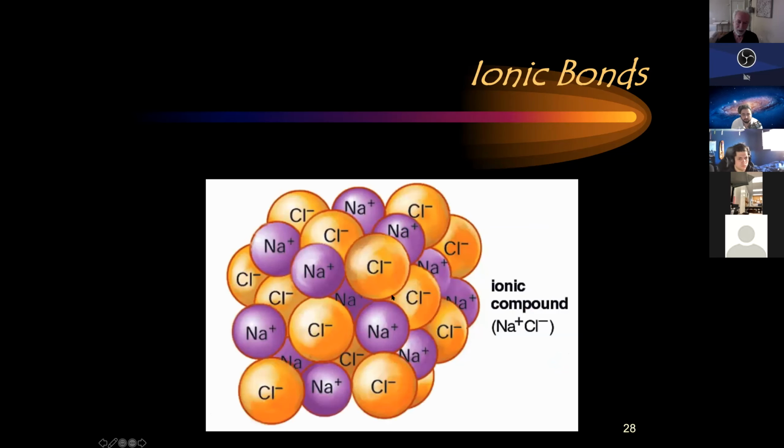So in a crystal of salt, what you have are all these ionic bonds between sodium atoms and chlorine atoms, which hold the compound together. It's an ionic compound, NaCl.